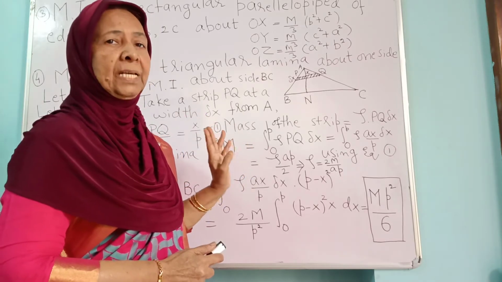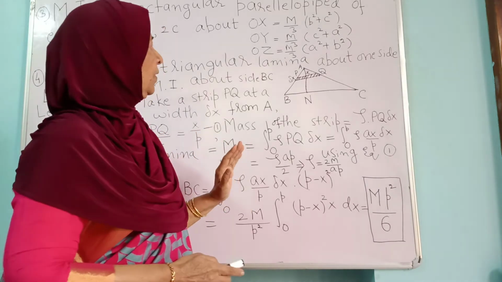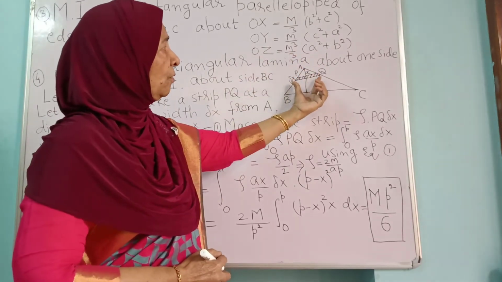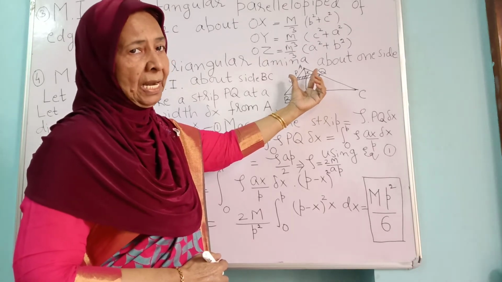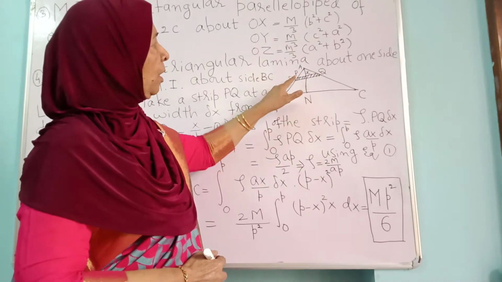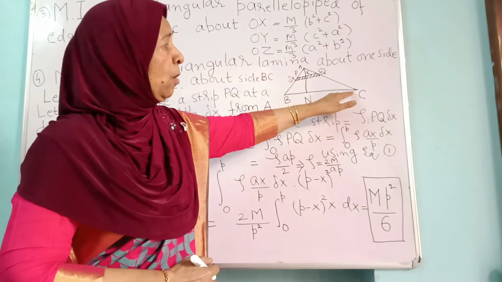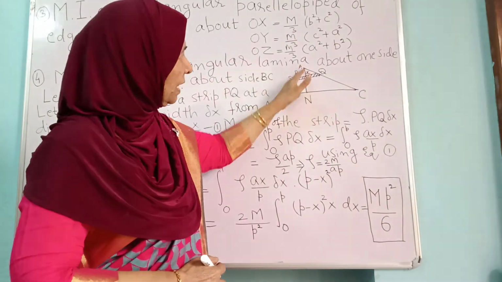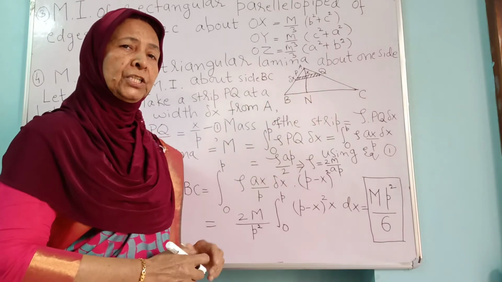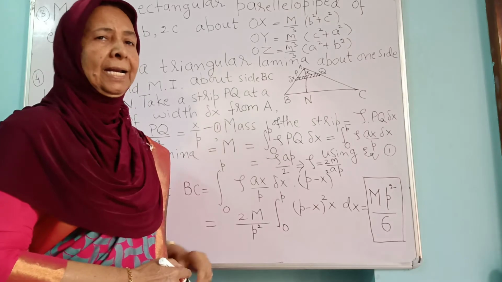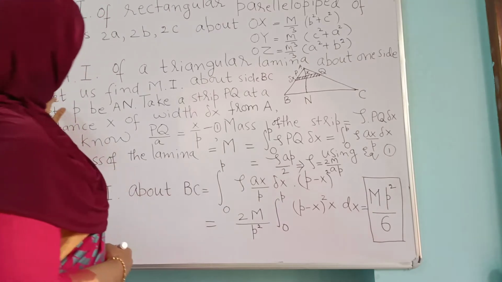The mass of the lamina is given as capital M. So with the help of the mass of the lamina, we will find out the density of the lamina, and then we will find out the moment of inertia of this elementary strip about this side, and then we will integrate the result to get the complete moment of inertia of the triangular lamina. By now, I hope the procedure is clear to all of you.